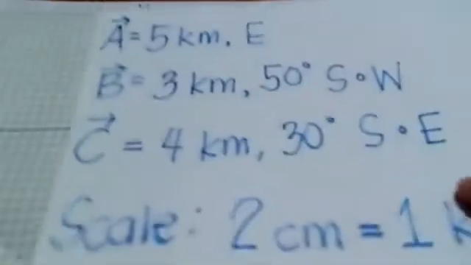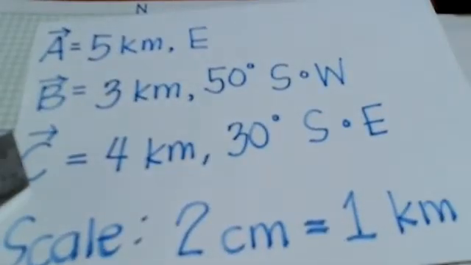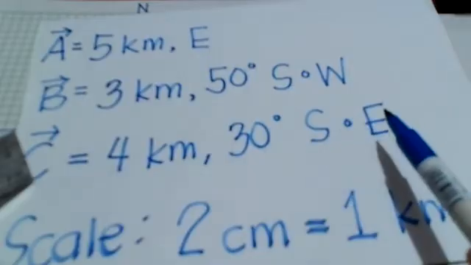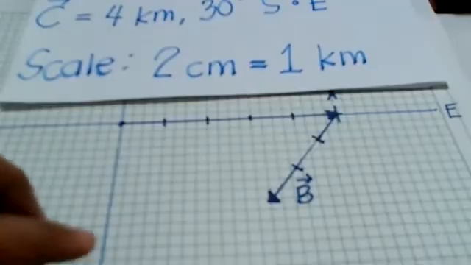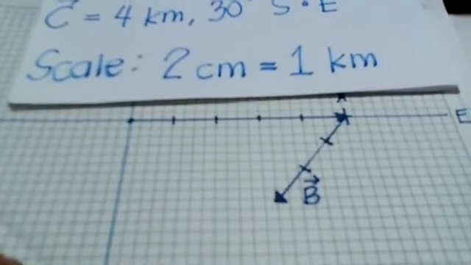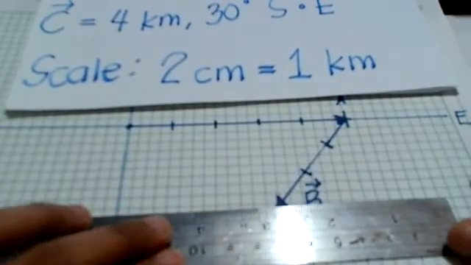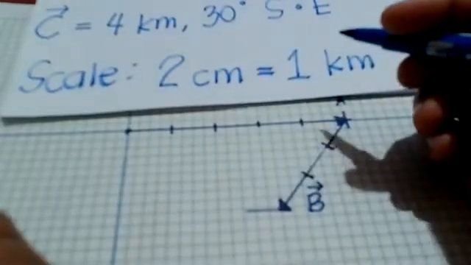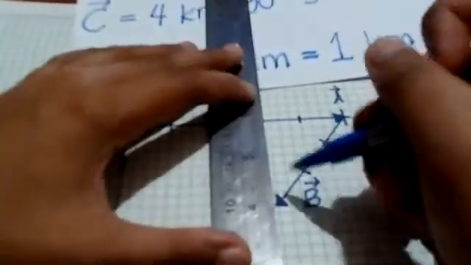Next, let's locate vector C. It's 4 kilometers, 30 degrees south of east. Again, we will connect vector C to the head of vector B. I will again illustrate a small Cartesian plane.